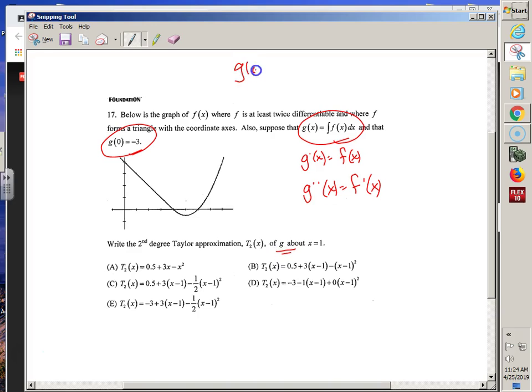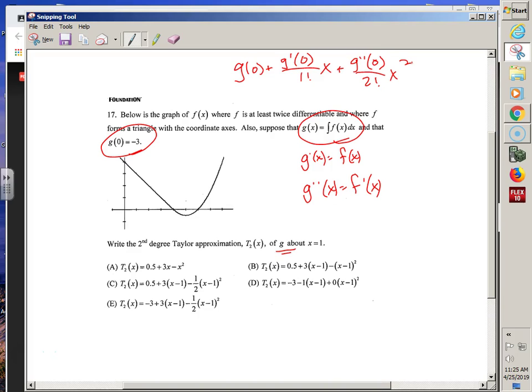Don't I need G of 0 plus G prime of 0 plus G double prime? Well, do they? G of 0 is negative 3, right? You see that? Yeah. So that's why I cancel out A, B, C. Well, hold on.